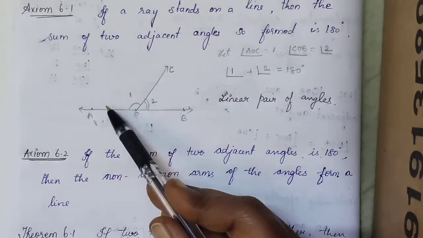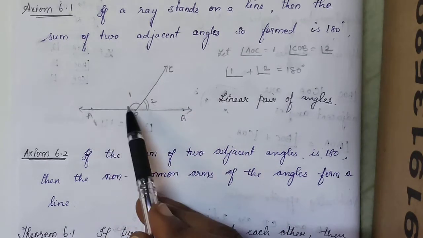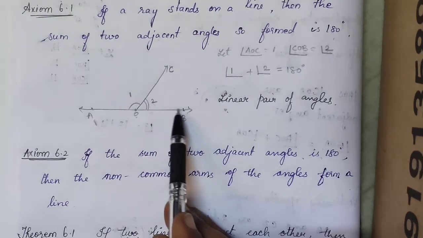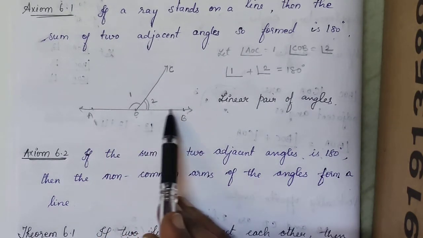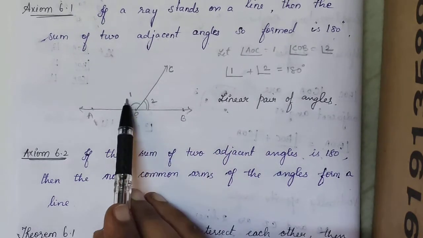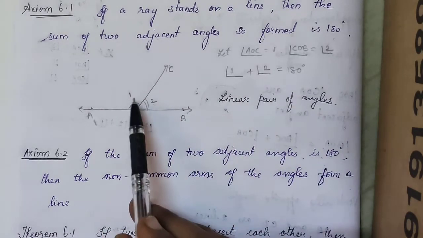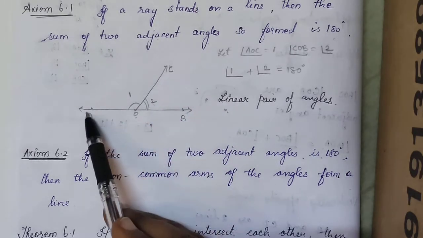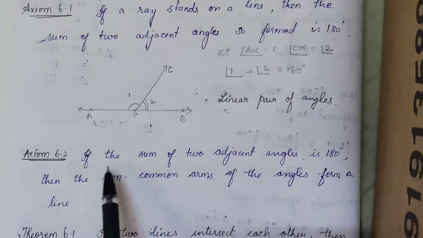Now OA keeps on moving and makes the angles 1 and 2. This OA moves and comes back and falls on the same line as OB. OA and OB lie on a single line. Then only these two angles will be equal to 180. If these two are equal to 180, OA automatically falls on the line with OB. That is what this statement states.